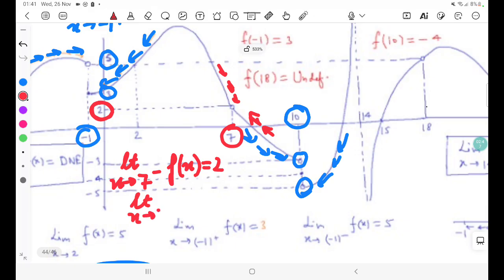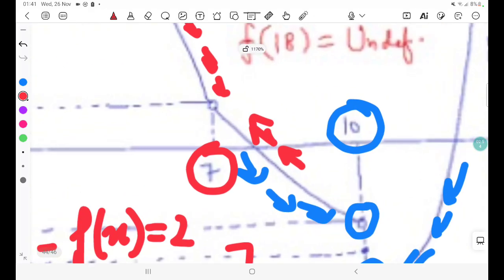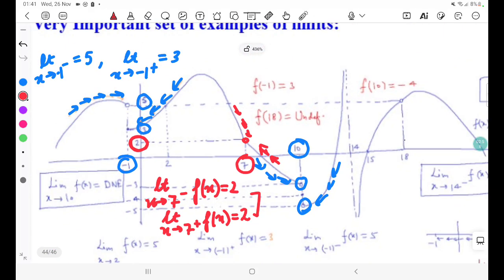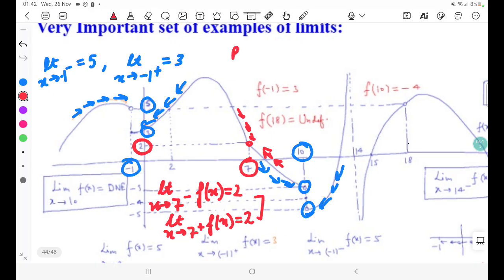That is, both the right hand limit and left hand limit as x approaches 7 are 2. But there is this open circle which denotes that the actual value of the function at x = 7 is not defined. This shows a very important point: a limit can exist even when the function's value is missing. These types of discontinuities are known as removable discontinuity.